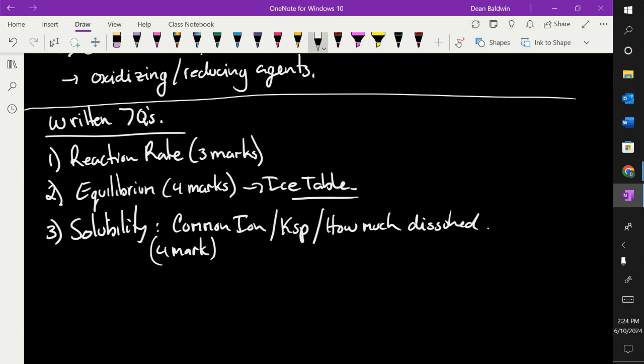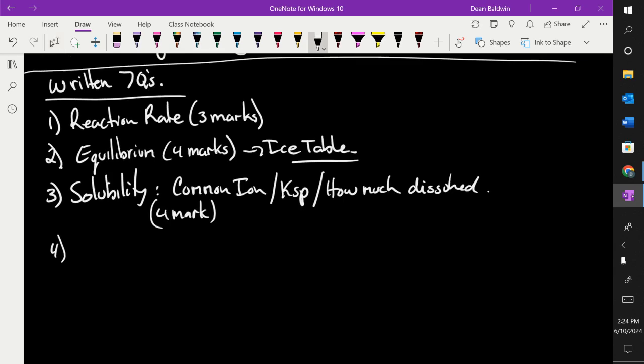Acid base, because it's 2 parts, there's 2 questions. Okay, 4 marks each.